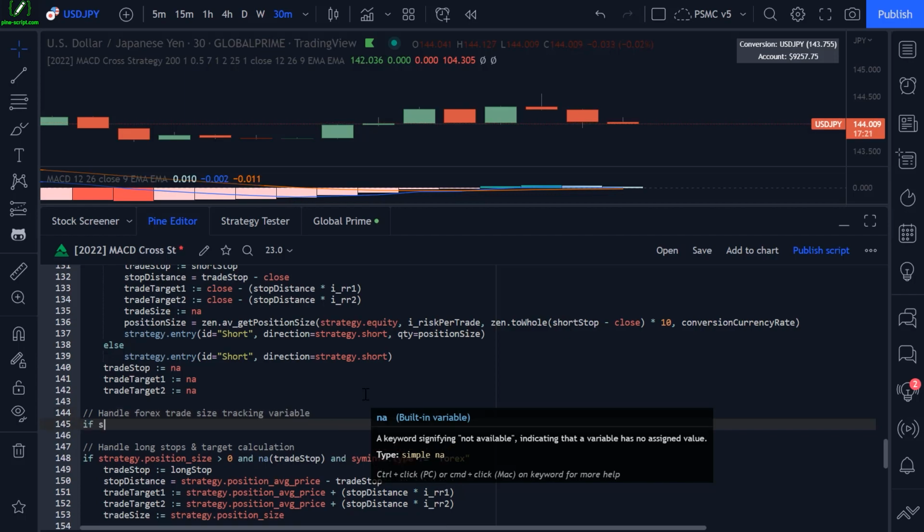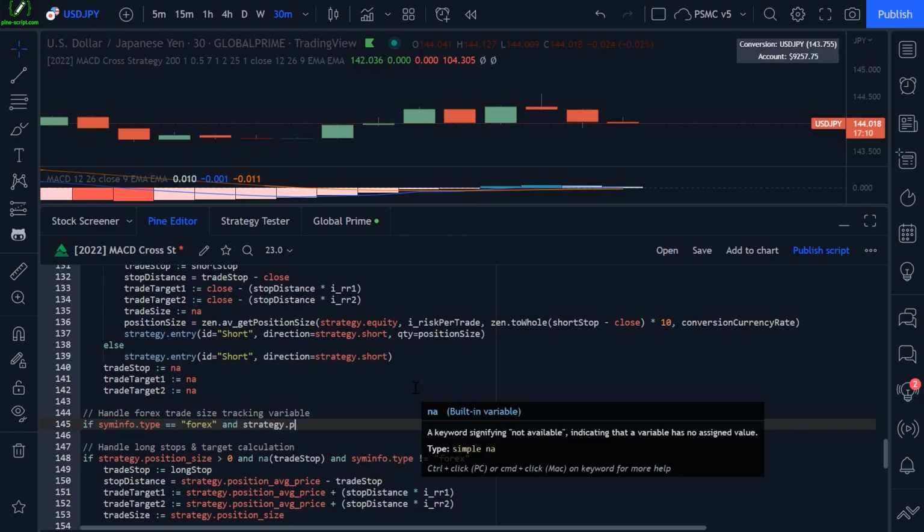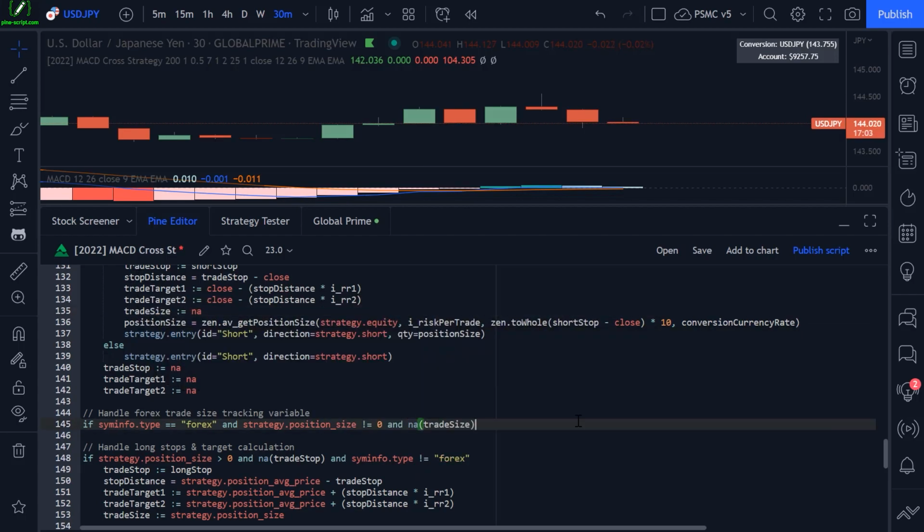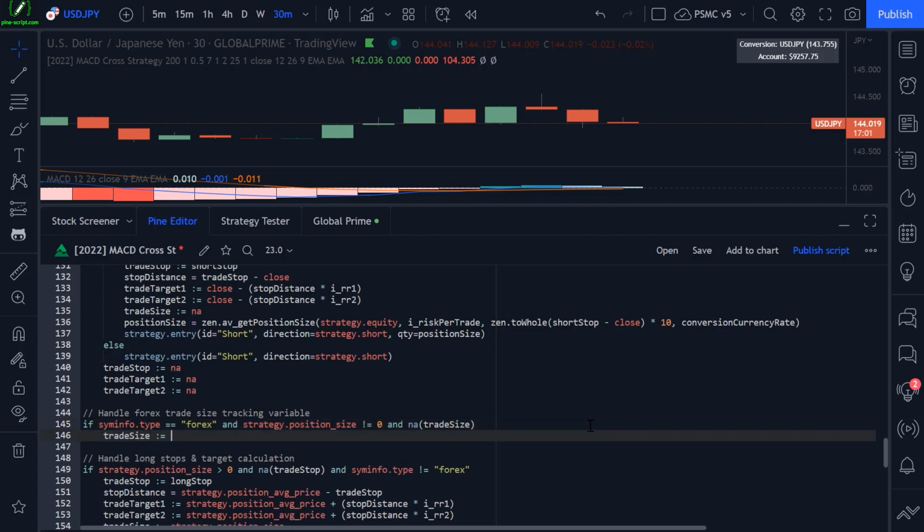We need to say if syminfo.type equals Forex and strategy.position_size not equals 0 and trade size is NA, then we want to assign trade size to our strategy.position_size.